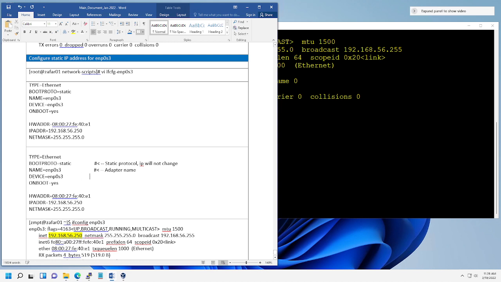And this part is the device name. Device name or the MAC address, right? No, that's not the MAC address.